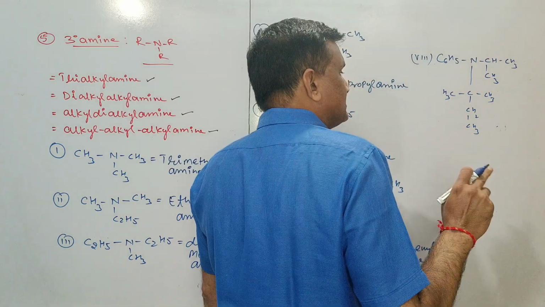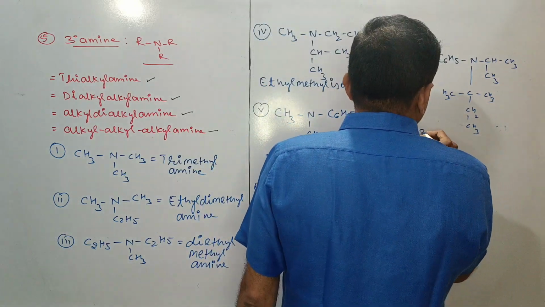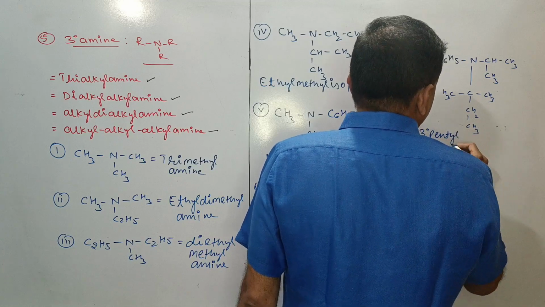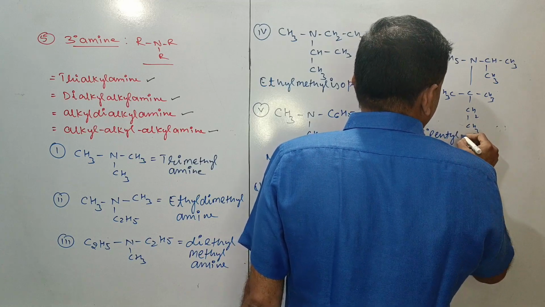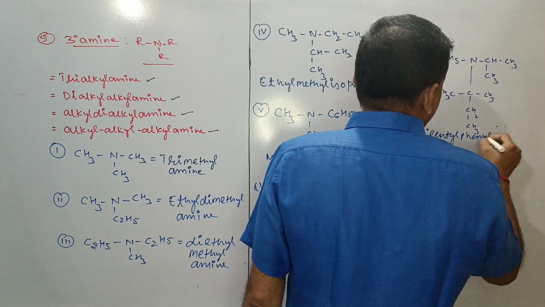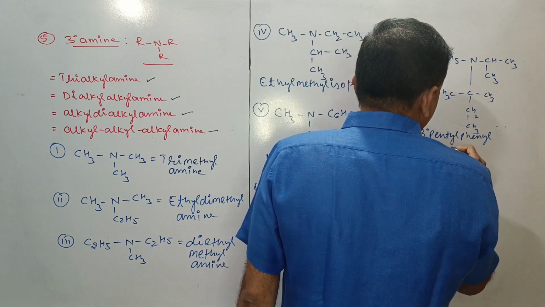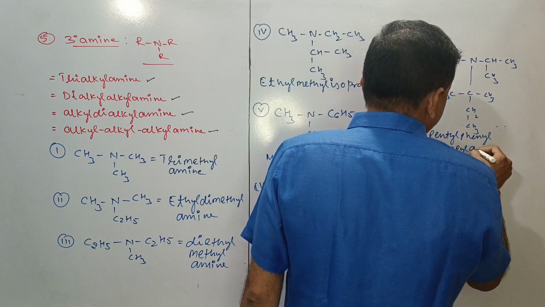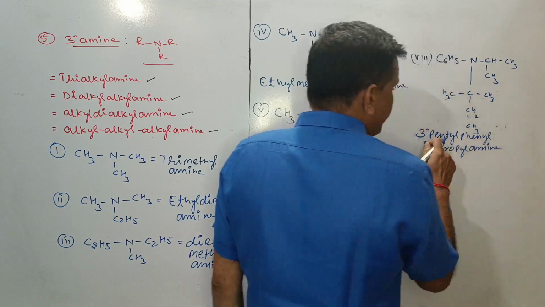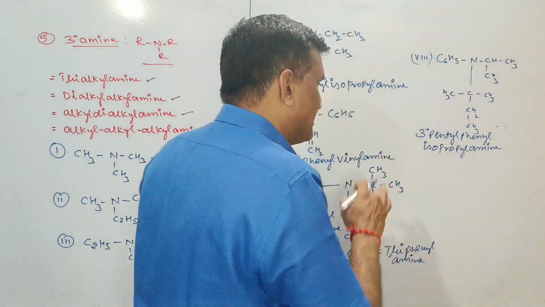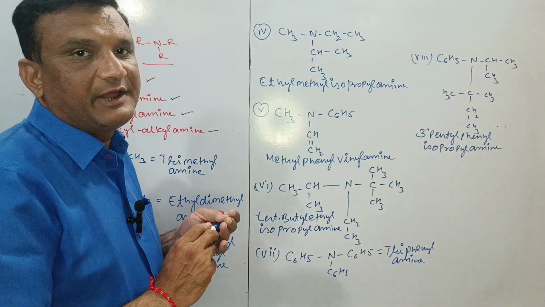So if you go with just the name, then it will be 3-degree pentyl, after then phenyl, after then isopropyl amine, because E is more prior than H, which is more prior than R. So this was about just the names of 3-degree amines.